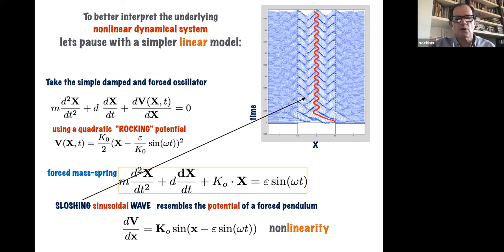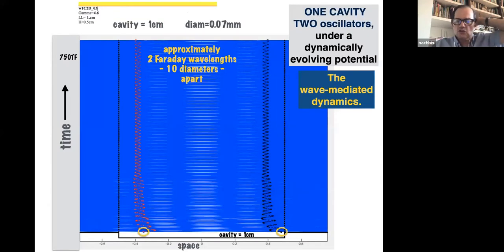And this is what makes this problem also very interesting. And therefore we have the wave-mediated nonlinear oscillator, which has many interesting properties, in particular when I put two droplets. It's really interesting.